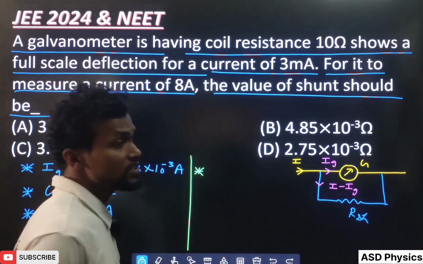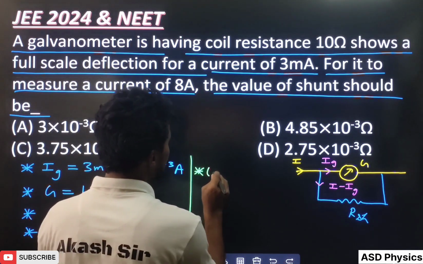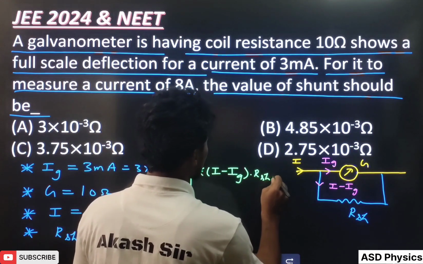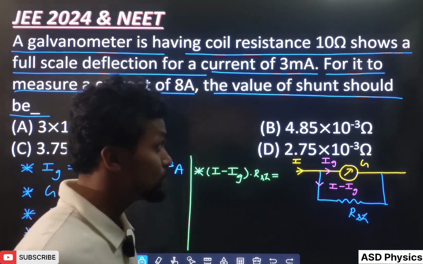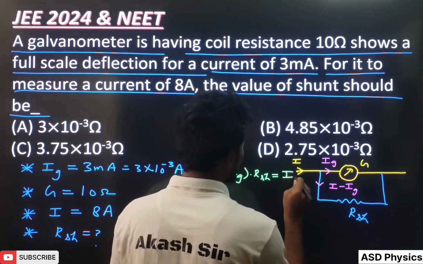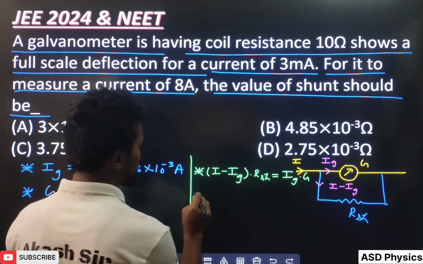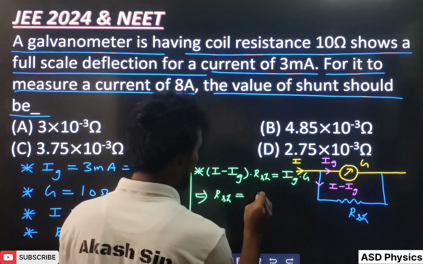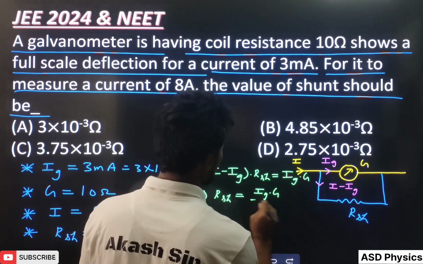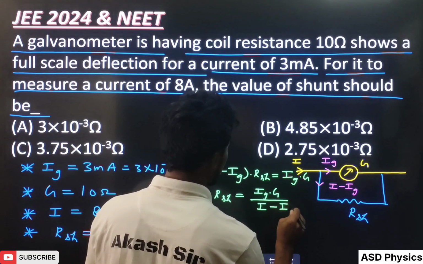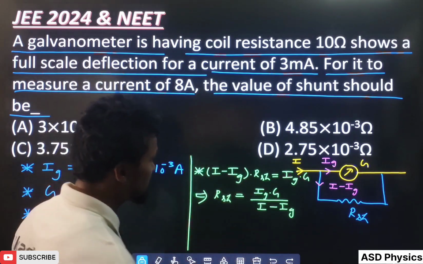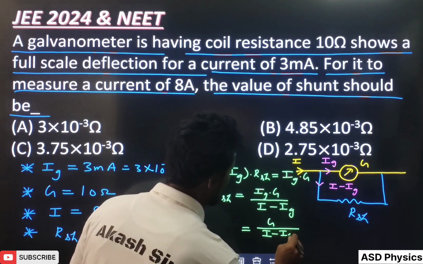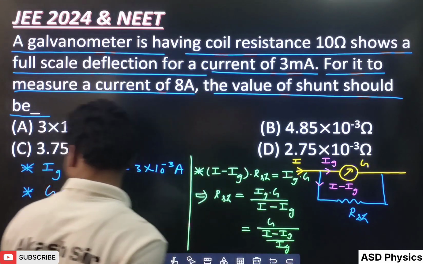So the drop across the shunt, from Ohm's law, is (I minus Ig) into R_SH. This should be equal to the voltage drop across the galvanometer, that means Ig into G. From here, the value of R_SH will be Ig into G by (I minus Ig). Then Ig goes downward, so it becomes G by ((I minus Ig) by Ig). Can you see how we have done this?